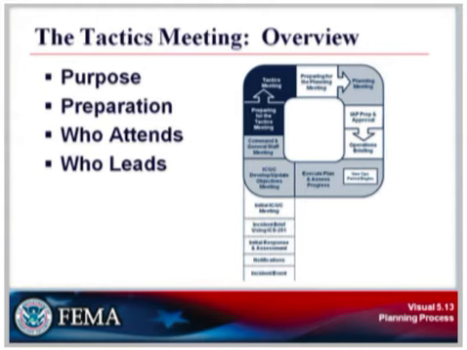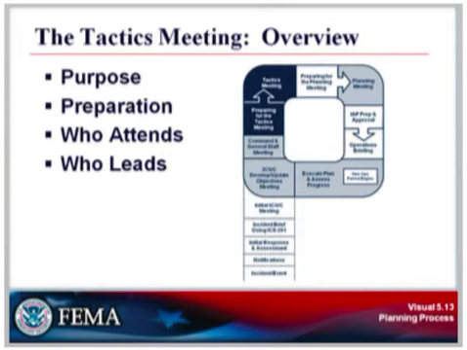The purpose of the tactics meeting is to review the strategy and tactics developed by the operations section chief. This includes determining how the selected strategy or strategies will be accomplished in order to achieve the incident objectives, assigning resources to implement the tactics, and identifying methods for monitoring tactics and resources to determine if adjustments are required.